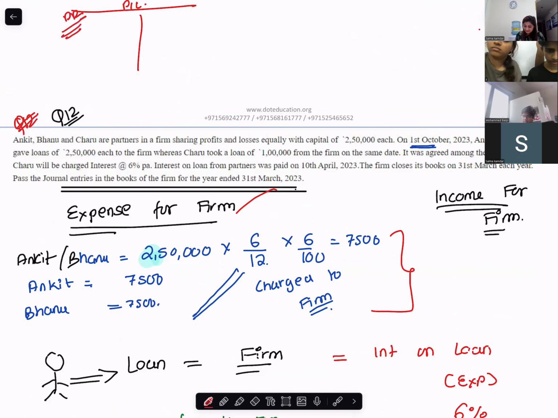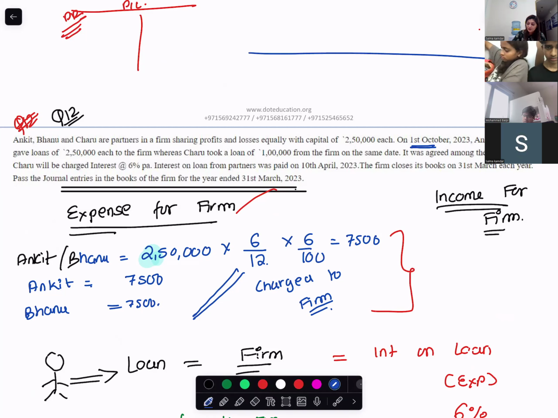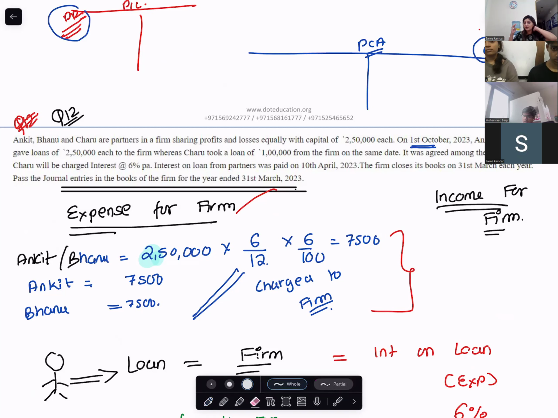On the debit side. And partners capital account, which side? On the credit side. By now this should be memorized by you all. Profit and loss debit, partners capital credit.